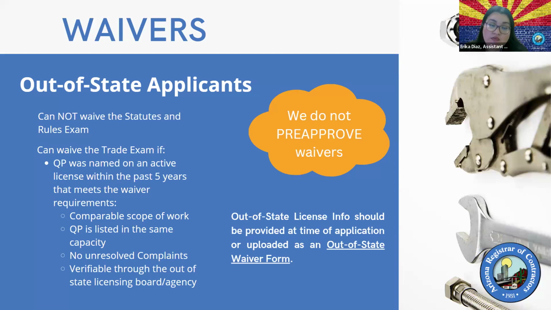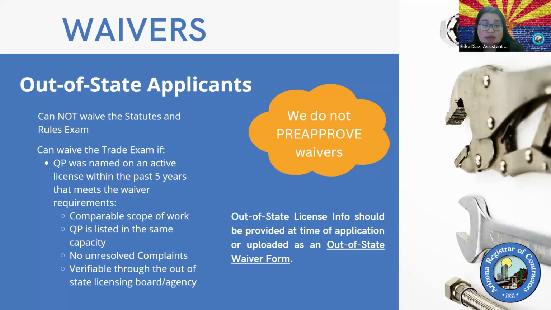We also need to verify through the licensing board within that state. Us in Arizona, we license for an entire state. However, there are multiple states that do things a little bit differently. Some do it by county, some by city, some by town. So it just varies on that state itself, to get an idea of what we're looking at for that type of license.